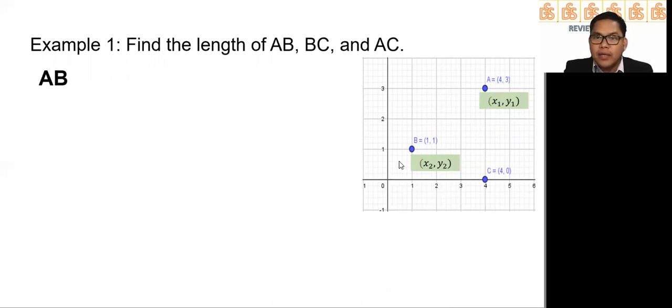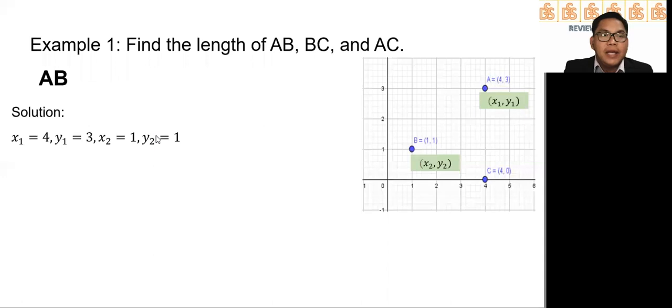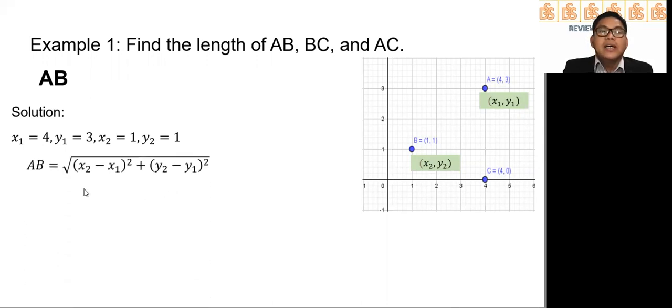That's why they are represented by x1, y1 for point 1 and x2, y2 for point 2, because a point is represented by x and y values so that we can locate it on the Cartesian plane. So in that case, to solve for AB, these are the values we need. All we have to do is substitute these values into the formula.